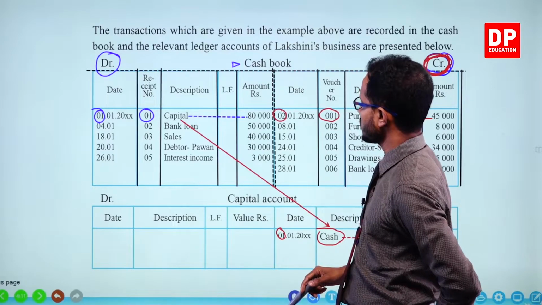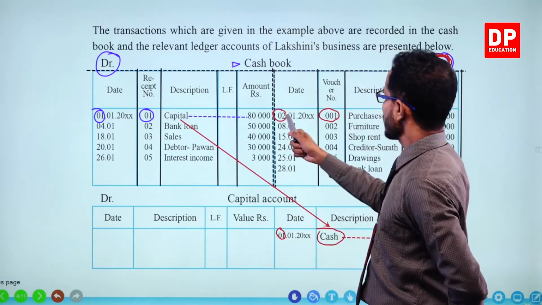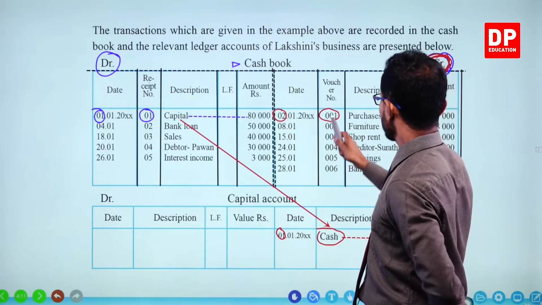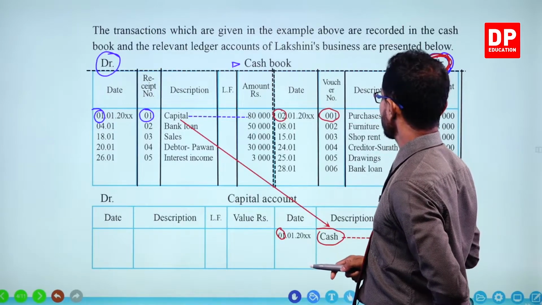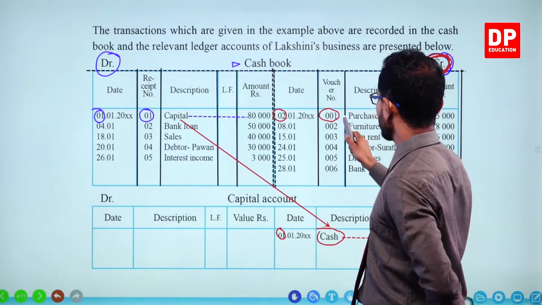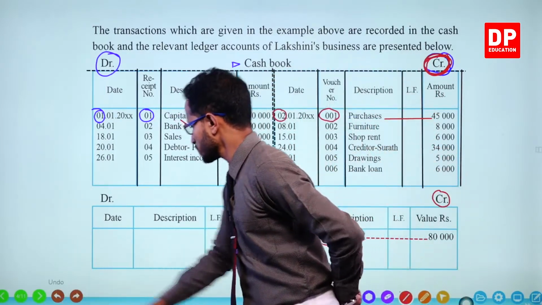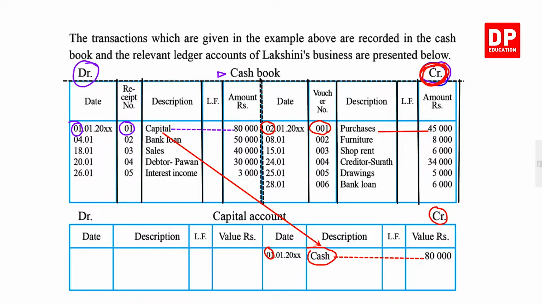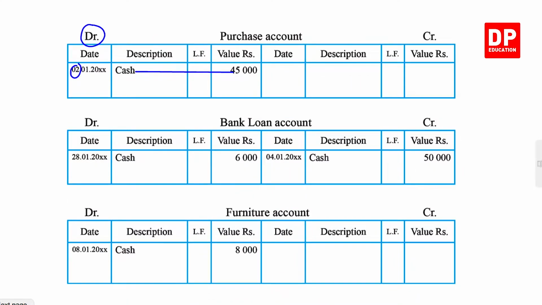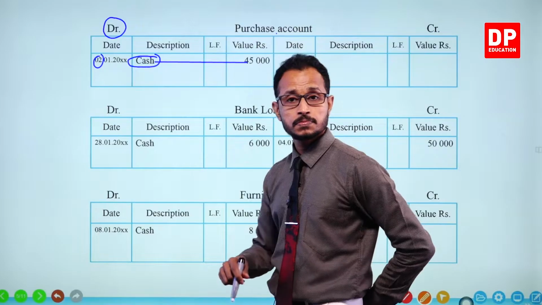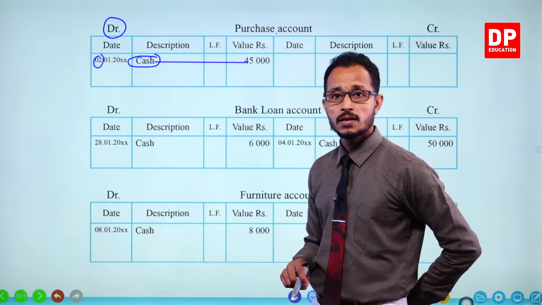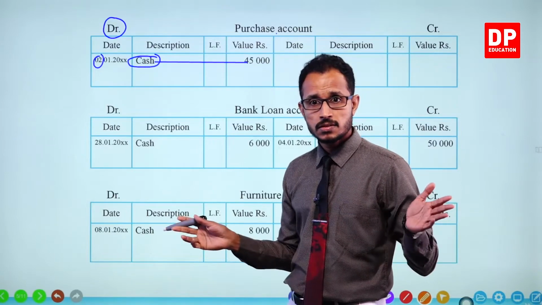So children, where is the double entry? Here. Cash book credit, description purchases. Purchases account debit, description cash. Clear, right? All right.